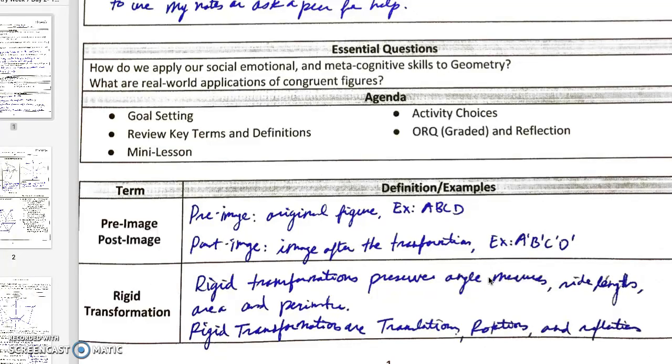Okay. Next, I'd like you to go on to page 2, and you have 3 types of transformations. And I want to give you about 30 seconds to practice what you've learned from yesterday to try to figure out what types of transformations those figures underwent. If you need help, go ahead and use your notes from the previous day.